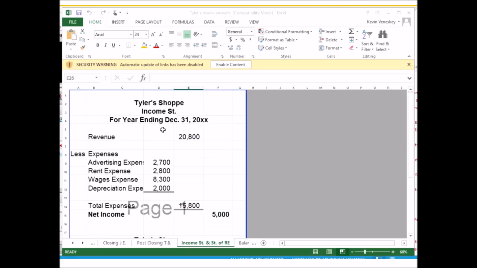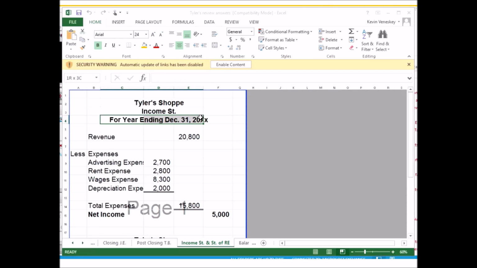Come over here to the income statement. All financial statements have this title: they always have the company name, whatever company it is you're dealing with, what financial statement you're working with, in this case the income statement, and then the period that you're dealing with.